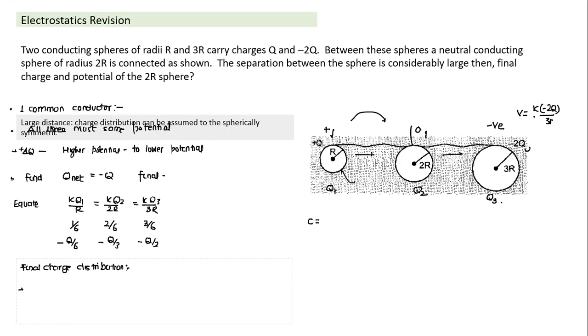We get it from the equation C is equal to Q by V. The potential on a sphere is equal to KQ by R, or Q divided by 4 pi epsilon naught R. So Q by V is equal to 4 pi epsilon naught R. Thus, that is the capacitance of an isolated sphere.